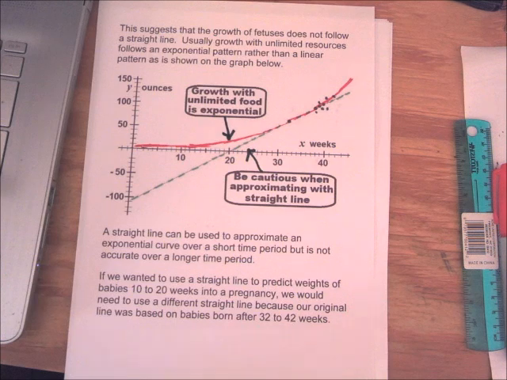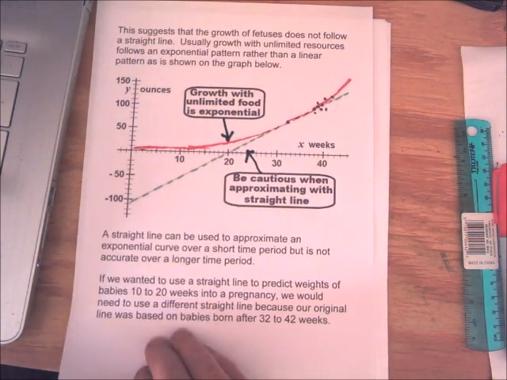Sometimes you can't avoid extrapolating. For example, if you're trying to make predictions about world population, we're going into the future. We don't have any data about the future, so you can't always avoid extrapolating, but you just have to be cautious about extrapolating.